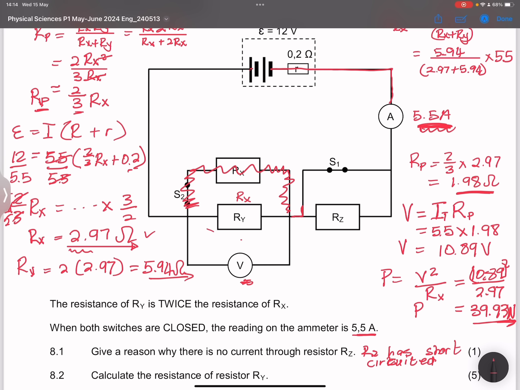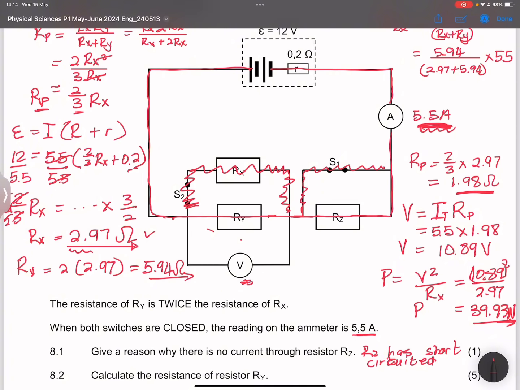And if I open the switch S1, then this switch is no longer there. So I'm left with the total current passing through Ry, and then the total current passing through Rz.